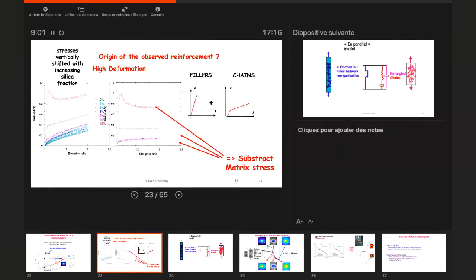And from what you say, it has never been done. I don't think so. I don't know. If you take partly deuterated P2VP to have zero average contrast on the silica, you go above the glass transition and you do a tensile test, then in principle you should see something.